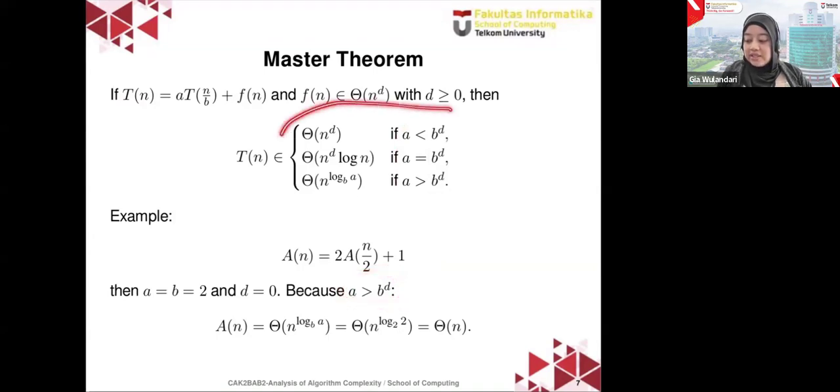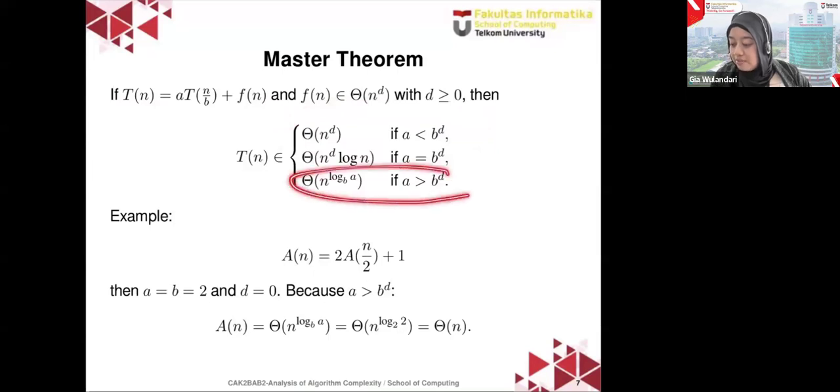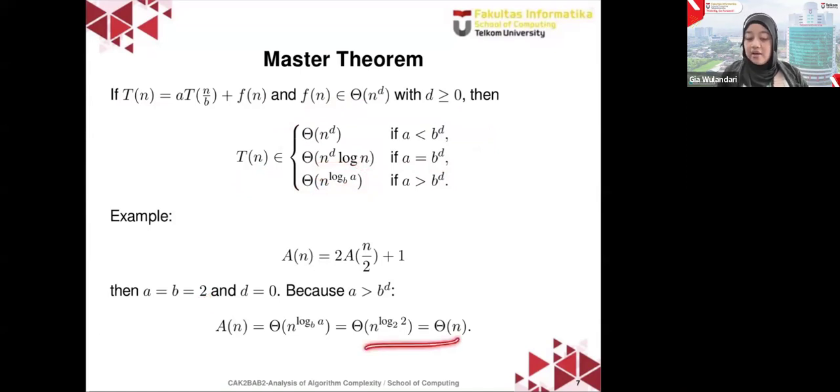So we will take this function. So Tn will be in big theta n to log base B of A, where in this case B is 2 and A is 2. So we have log 2 of base 2, which is 1.